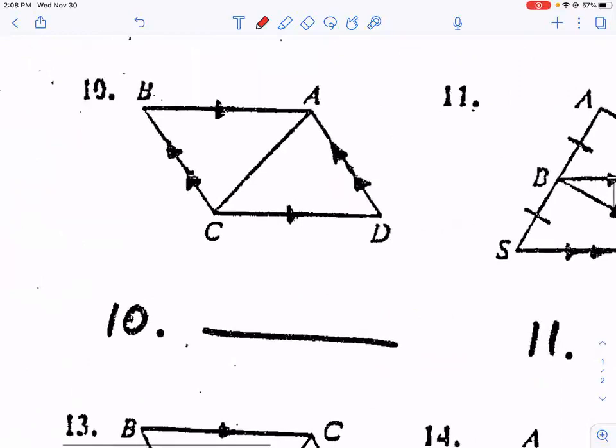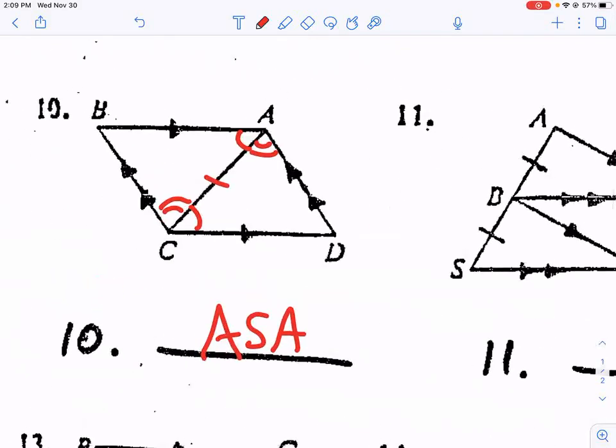Okay. Number 10, Zach, are they congruent? Yeah. Okay, they share a side. We have alternate interior angles congruent 2 times. Are you okay with the alternate interior angles being congruent? I think so. Who said no? I don't understand.